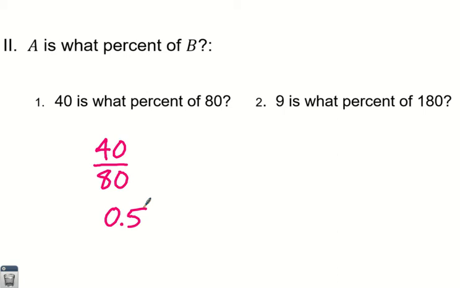And now what you're going to do is change this decimal to a percent by moving the decimal to the right 2 places, which means there'll be a space there for a 0, 50%. So 0.5 converts to a percent of 50%.